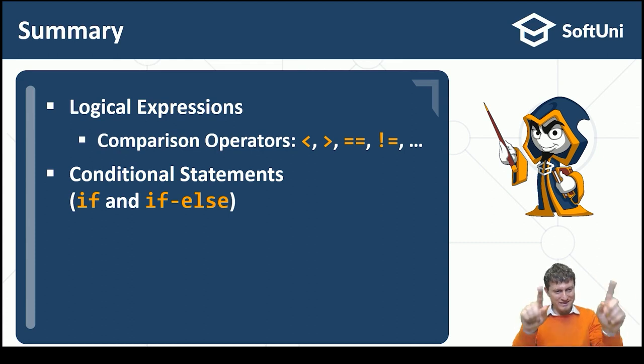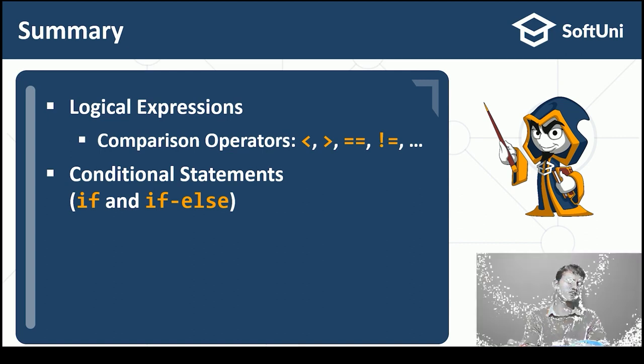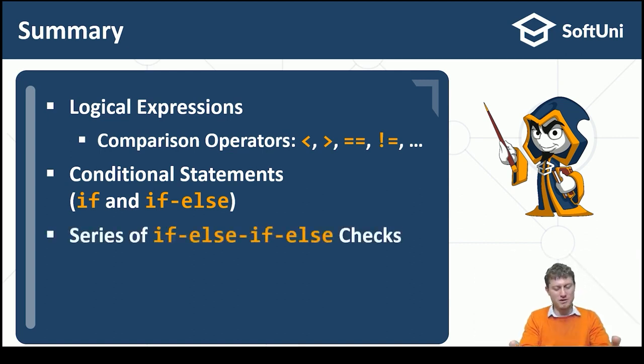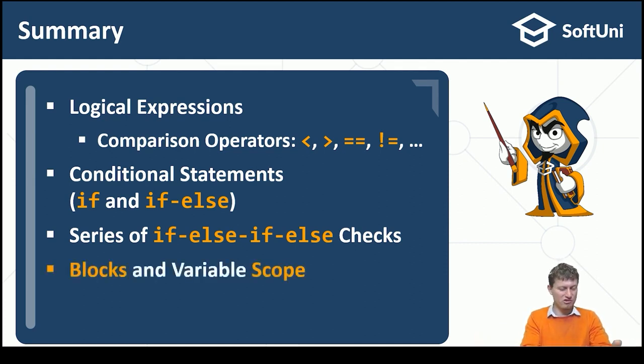So if we create this comparison, we can use if or if else statements. If something, do some commands, otherwise else, do some other commands. You have seen how to use this, and we can use series of if else checks to implement more complex chains of conditions.